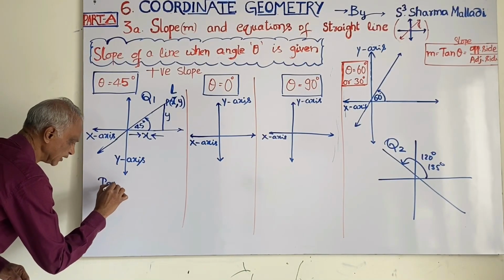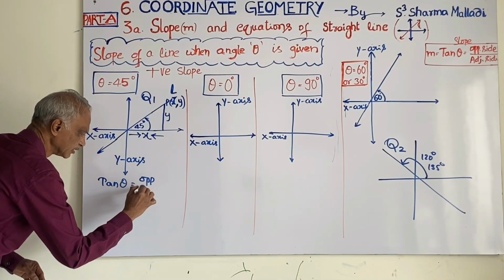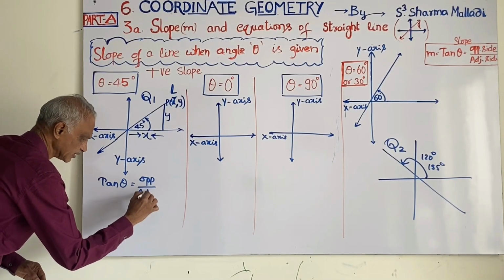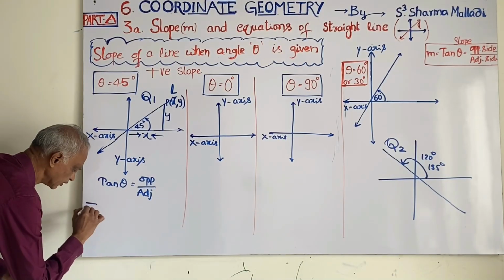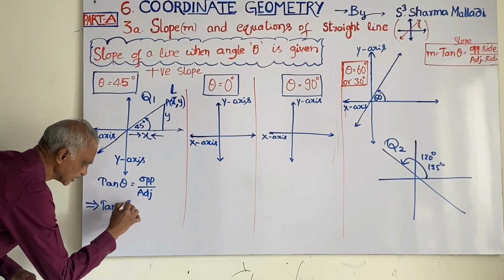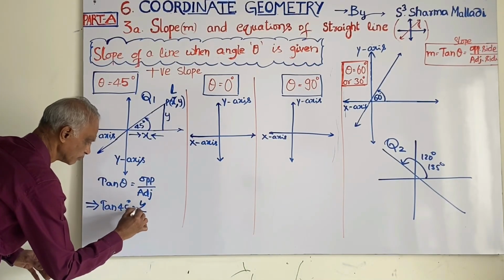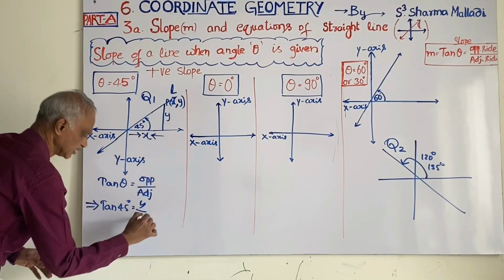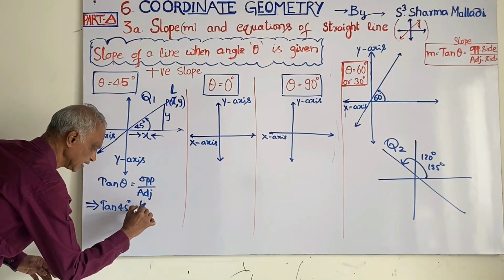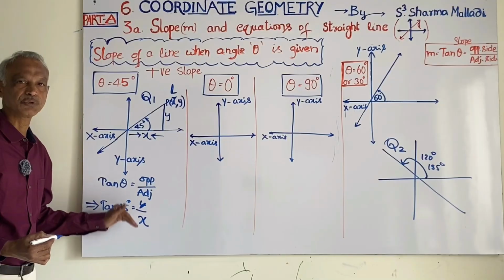You know tan theta is equal to opposite side by adjacent side. Tan 45 is equal to, what is the opposite side? y. By what is the adjacent side? That is x. Here x and y are equal to each other.